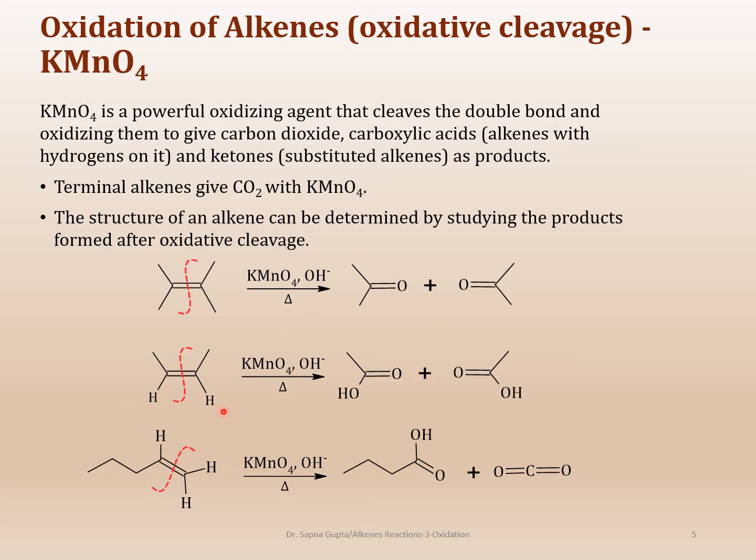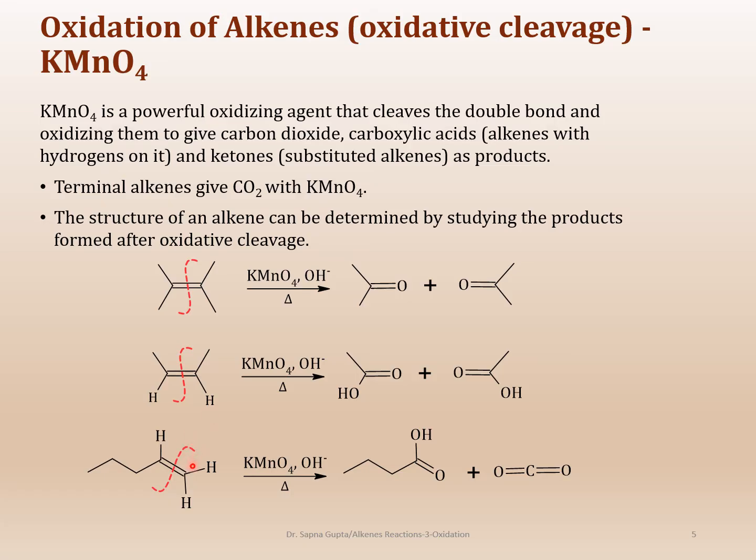If you have something like this where you have hydrogens on your alkene, then you will get acids. If you had a carbon here, this would give you a ketone, so that depends on what kind of alkene you have. Right now, I've taken the one with hydrogens.